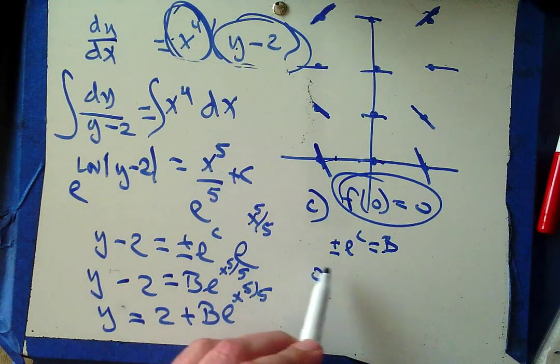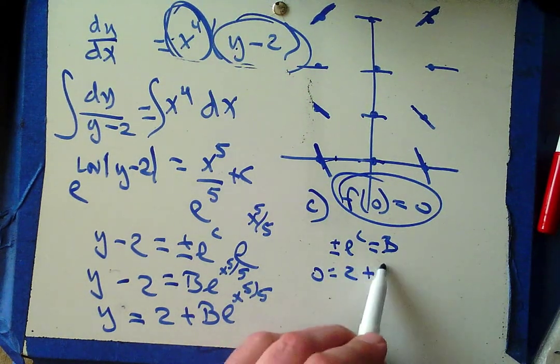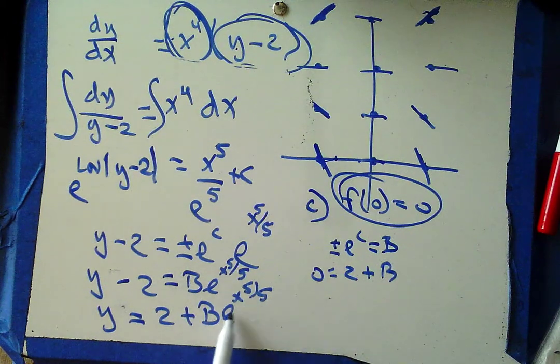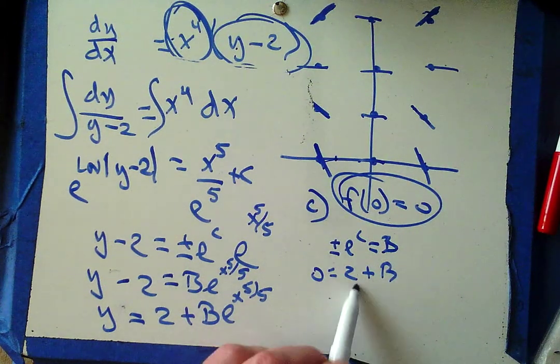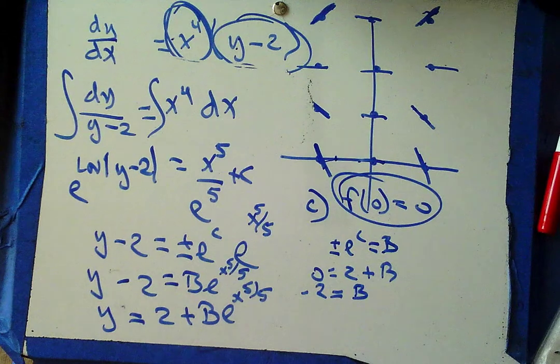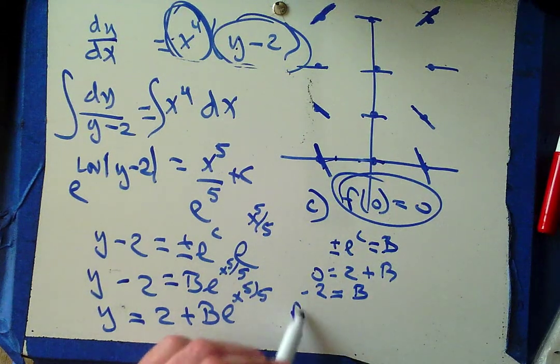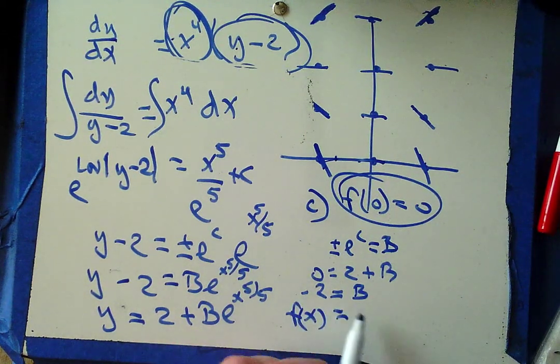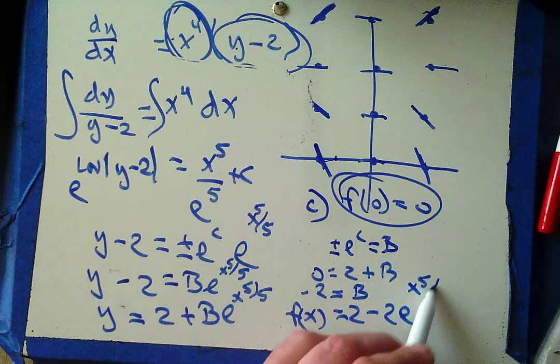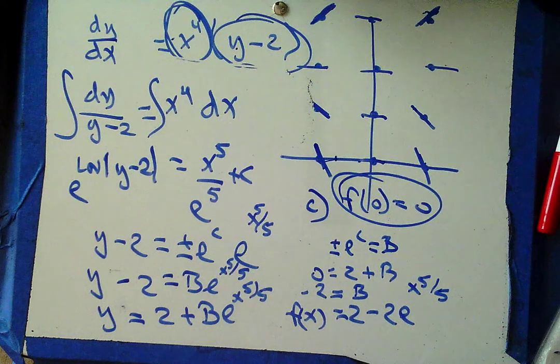So I've got 0 equals 2 plus b, since e to the 0 is 1. And so I get b equals negative 2. And so our f of x, our particular solution, is 2 minus 2 e to the x to the fifth over 5. Okay, so there's part C.